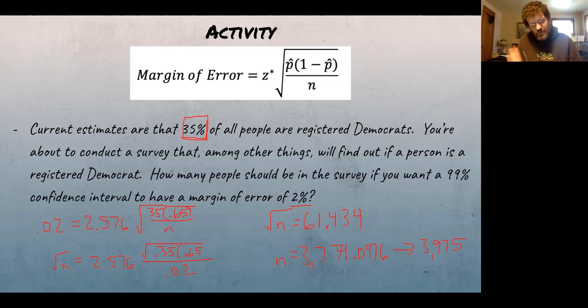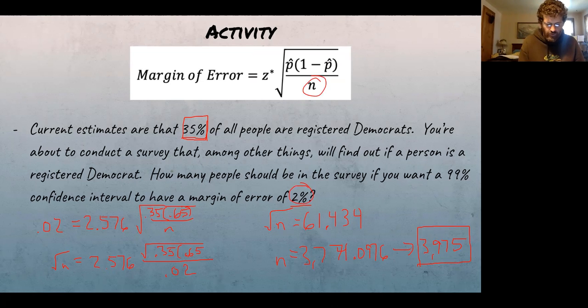So the purpose of this question is twofold. One of them is to give you more practice with figuring out what your sample size should be if you want a specific margin of error. The other part is to show why our margins of error tend to be around 4%, because there's an inverse relationship, of course, with the margin of error and the sample size.